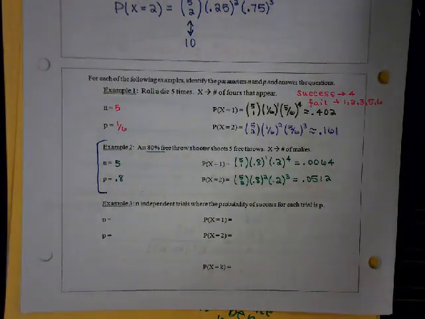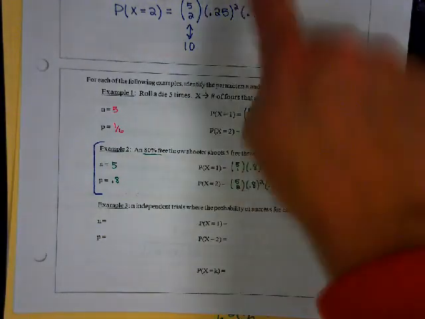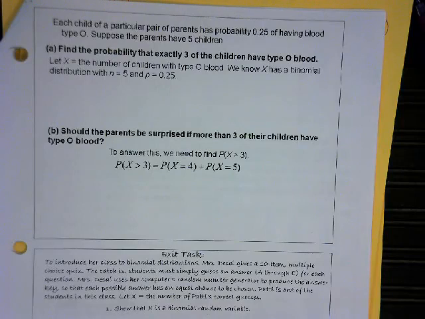Each child of a particular pair of parents has probability 0.25 of having blood type O. The parents have 5 kids. Find the probability that exactly 3 of the children have type O blood. Let X be the number of children with type O blood. We know that X is a binomial distribution with n is 5, p is 0.25.